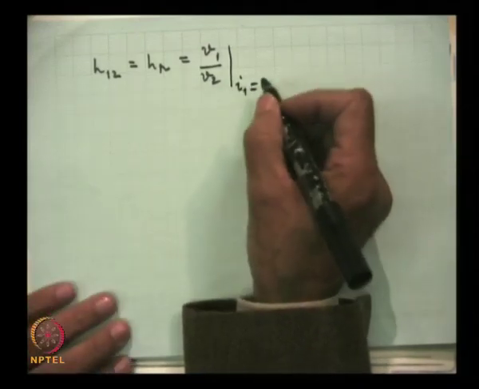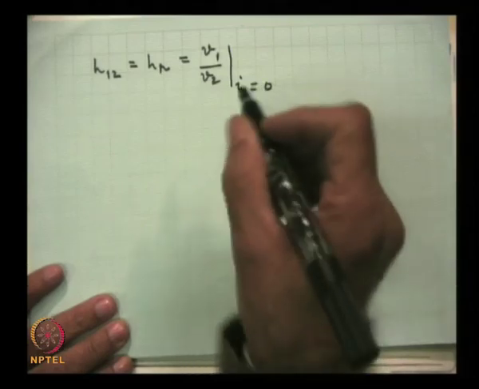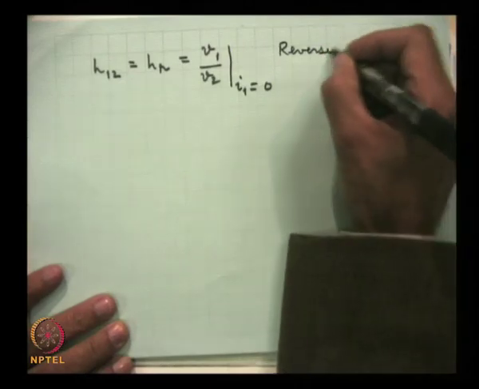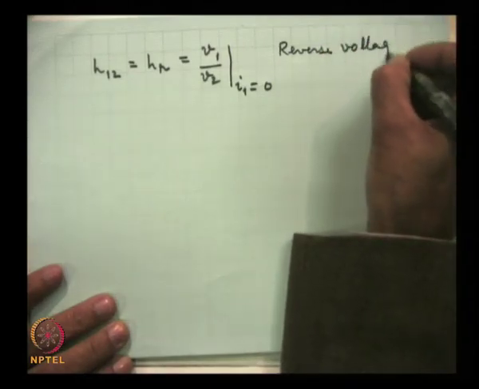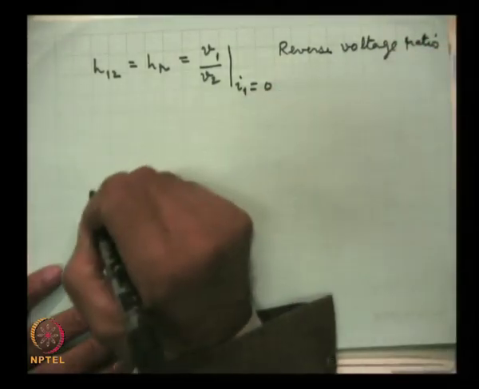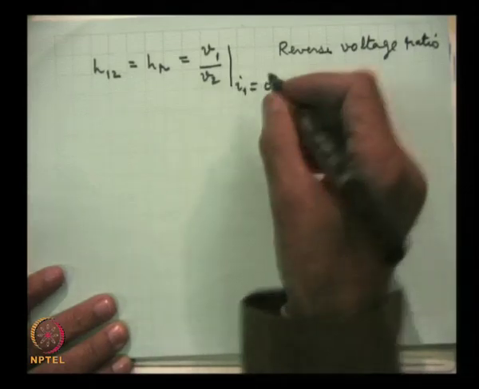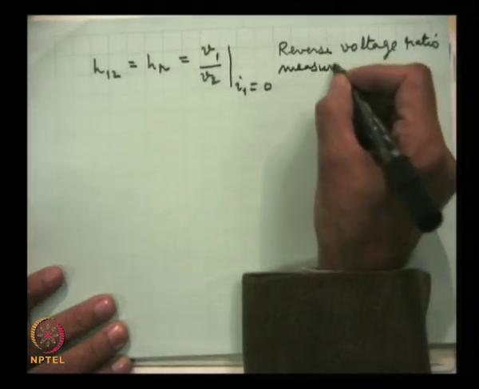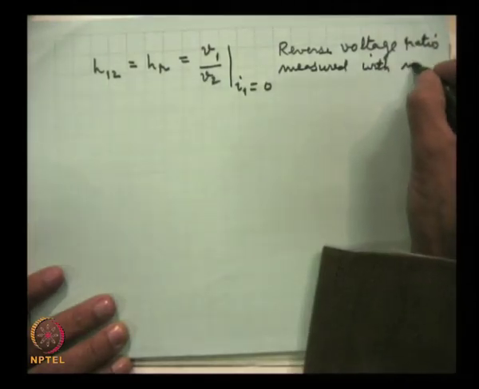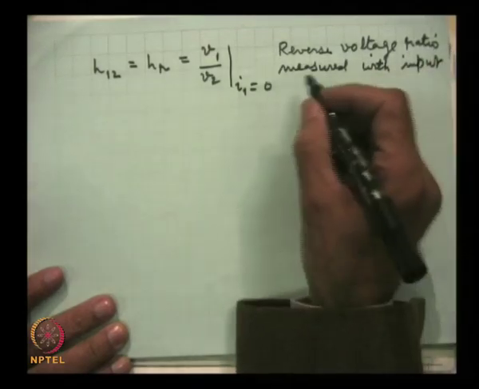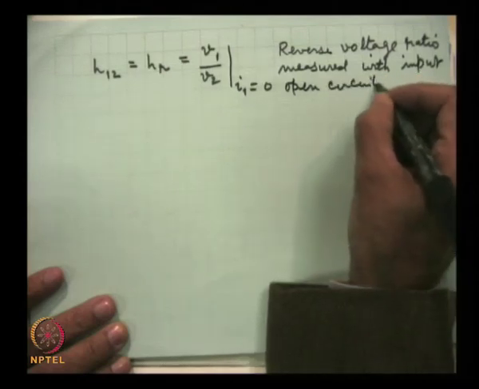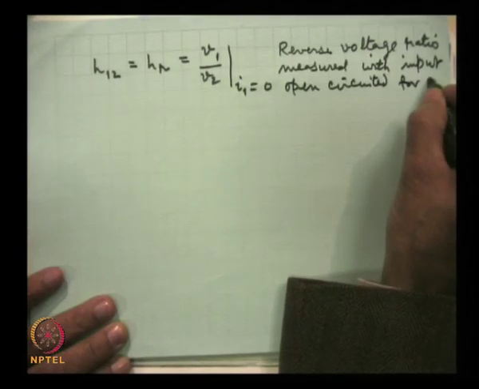I1 is input current, and so this is reverse voltage ratio measured with input open circuited for AC.